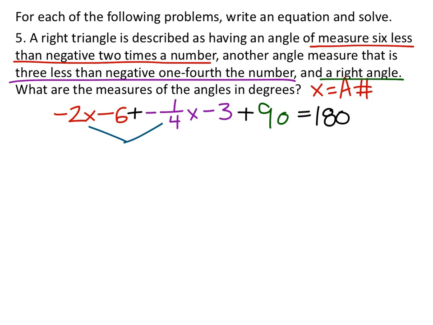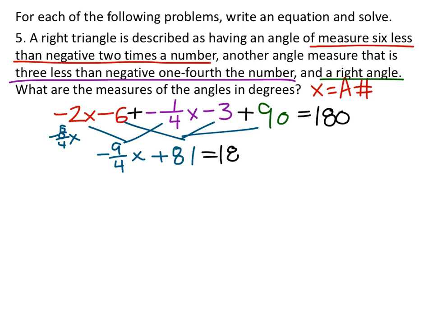So negative 2, that would be negative 8/4 x, combined with the negative 1/4 x would give us negative 9/4 x's. Then I've got negative 6, negative 3, and 90, which combine into 81. Now this all equals 180.